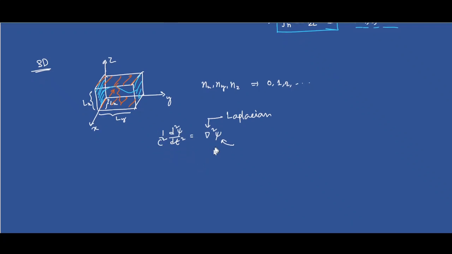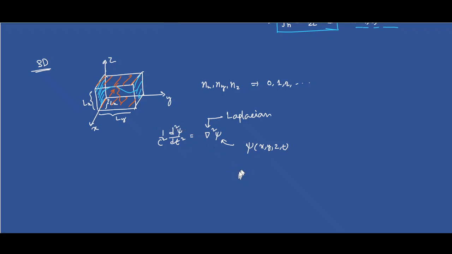Using the separation of variables method, here psi is a function of x, y, z and t, because the wave is propagating in 3 dimensions.